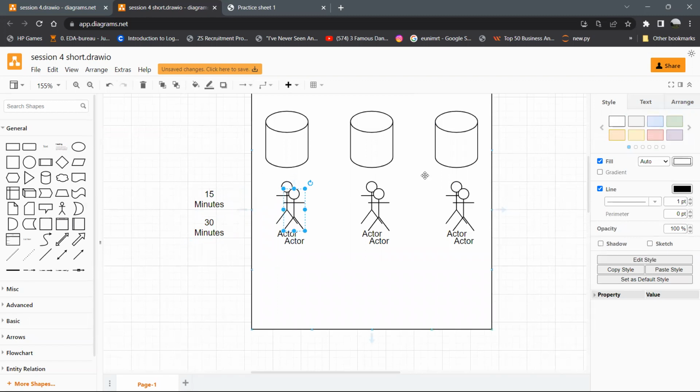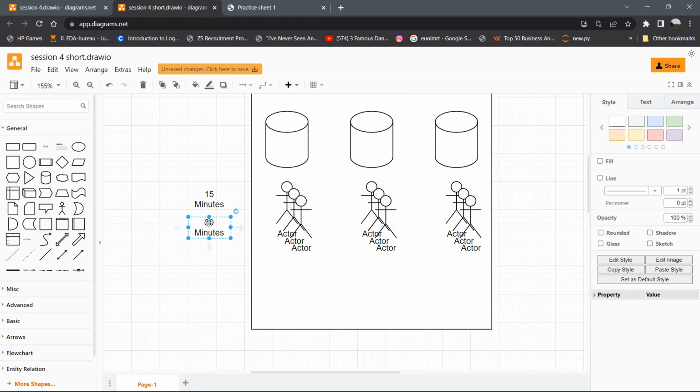So to serve all these customers, it will take 30 minutes. We have 6 customers and we can serve them in 30 minutes using 3 counters. Now let's increase it to 9 customers. Now this customer will be waiting for 45 minutes.